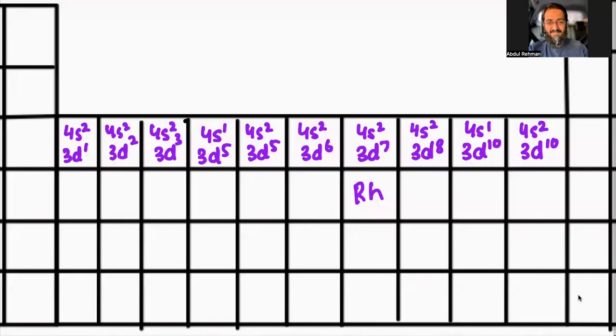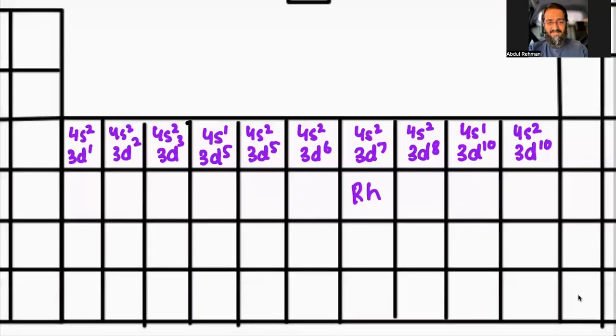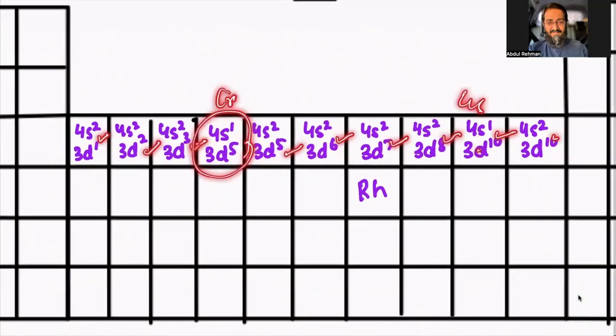If you recall, we first filled the 4s and then we filled the 3d. So 3 is from the previous shell. So it is going to be 4s2 3d1, 4s2 3d2, 4s2 3d3, and then here we got the exception 4s1 3d5, then 4s2 3d5, 4s2 3d6, 4s2 3d7, 4s2 3d8, 4s1 3d10, which is an exception, which is copper over here, and over here it's chromium, then 4s2 3d10.